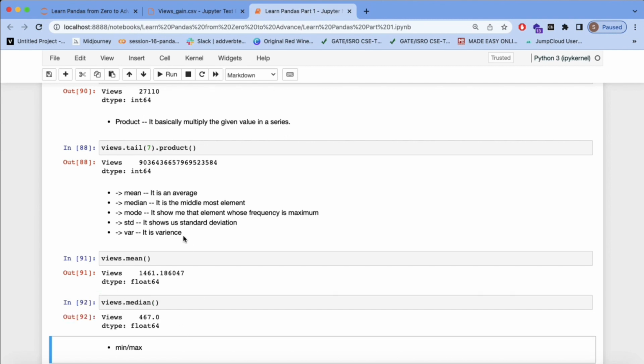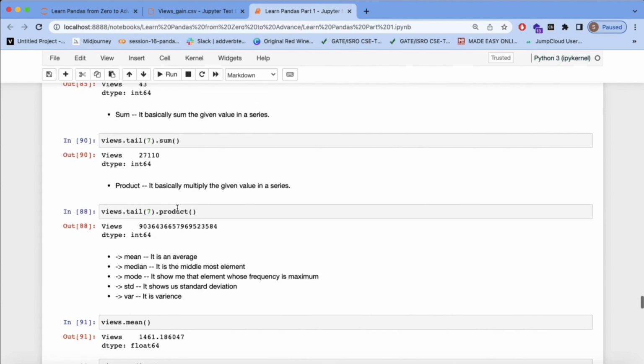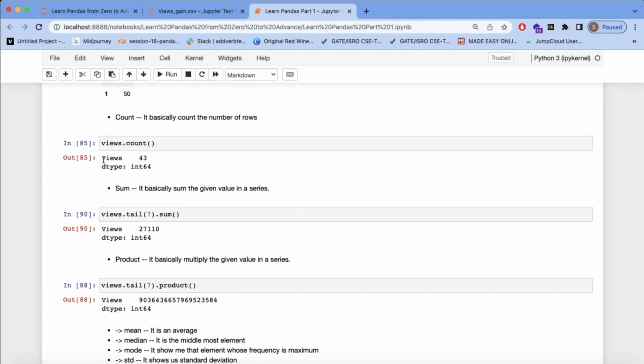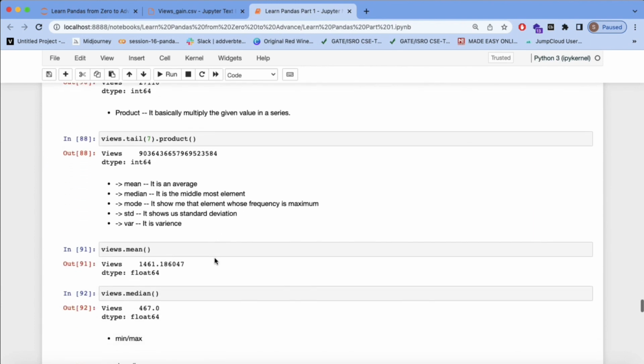I hope you know, because it is related to mathematics. Median just gives the middlemost element. It means there are 43 elements in our data set, so the middle element is the 21st. So median just gets the middle element, right?